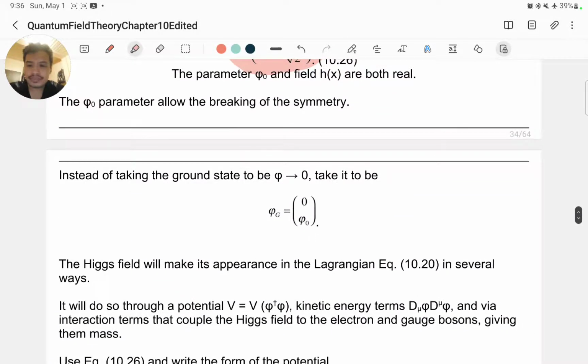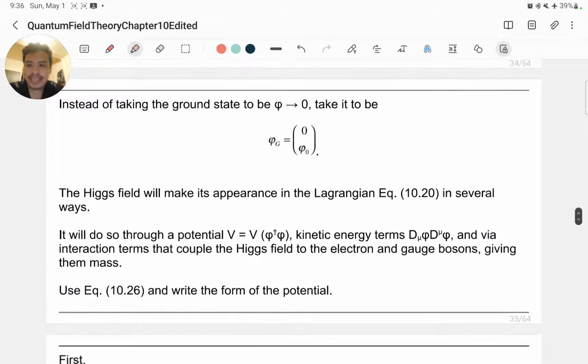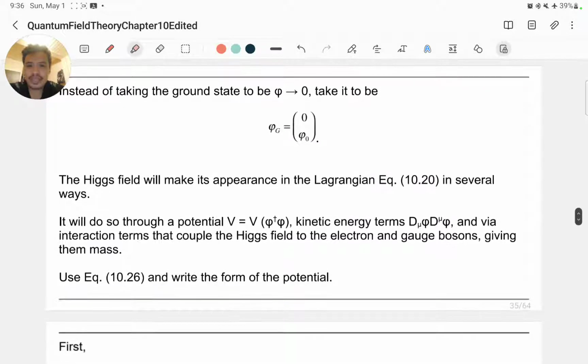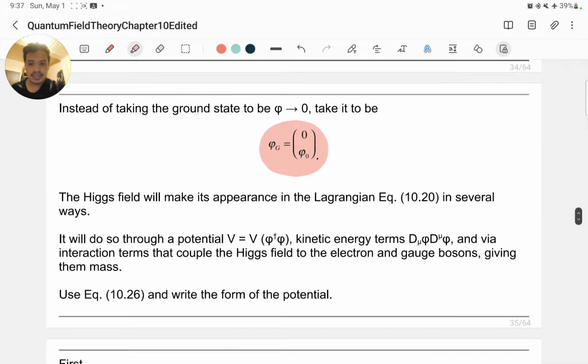So instead of taking the ground state to be 0, we take it to be this one. So from this we have already broken the symmetry, and the Higgs field will make its appearance later on in the Lagrangian 10.20 in many ways.